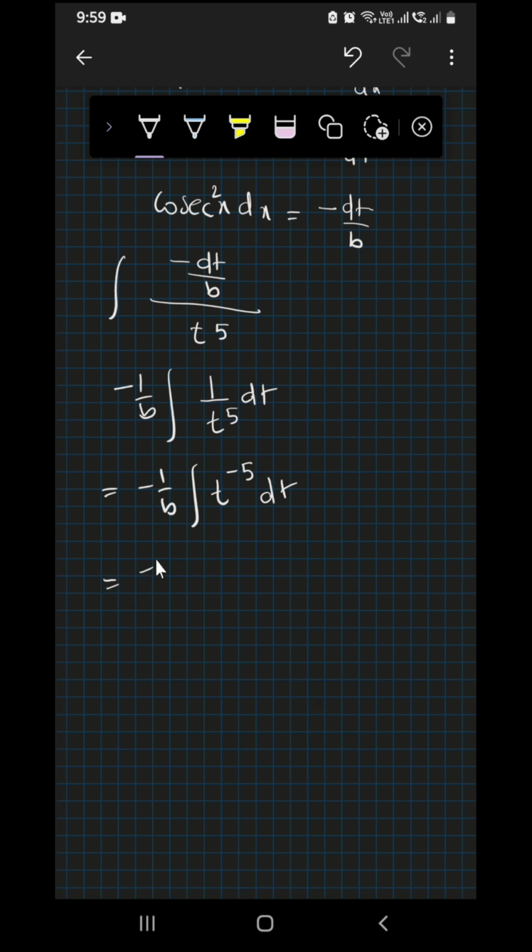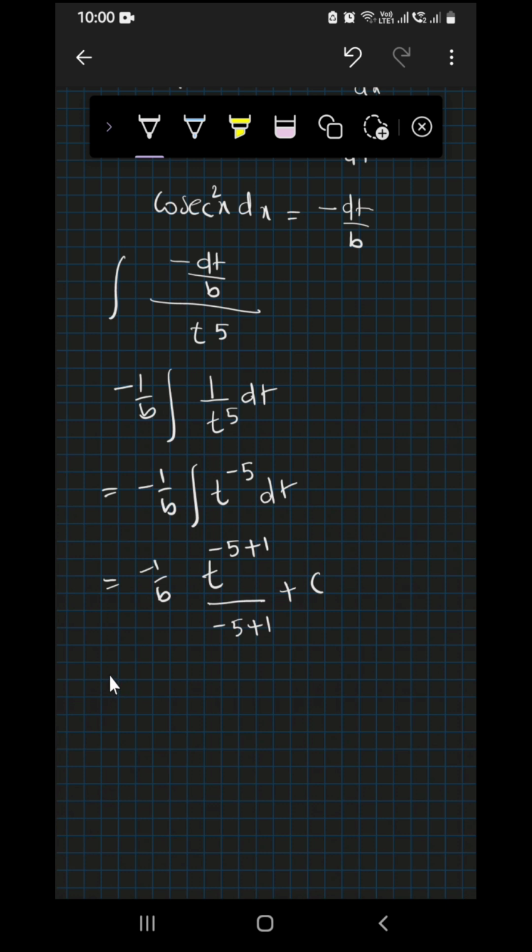Now write minus 1 by b into t power minus 5 plus 1 by minus 5 plus 1, plus c. Why? Because integration of x power n is equal to x power n plus 1 by n plus 1.